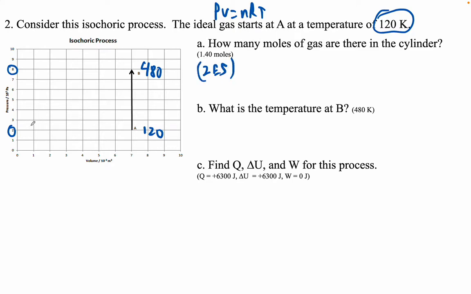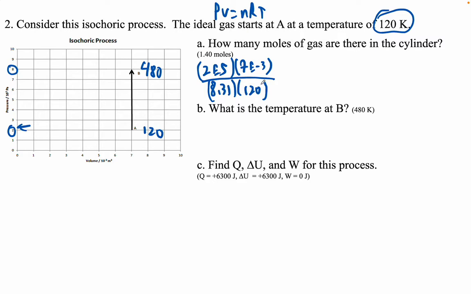I'm just reading this. That's our pressure right here. And then our volume is 7 times 10 to the minus third. And then we're going to divide by RT. So 8.31 times our temperature, which is 120.